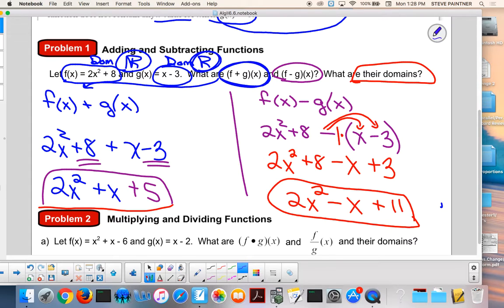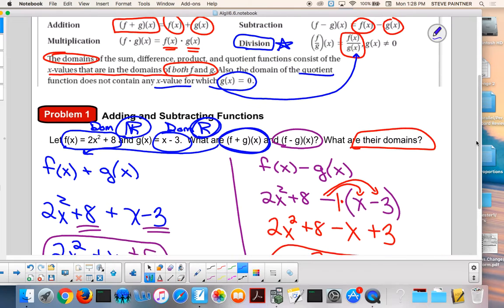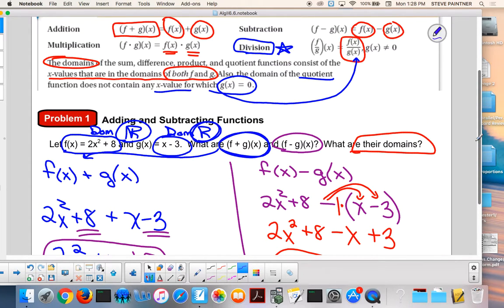Okay. So once you know the domain of f and g, the domain of your answer, it says up here, and I think I read it to you. I think I did. It will be the x values that are in the domains of what? Both f and g. So basically, whatever f and g share are the domain of the answer.